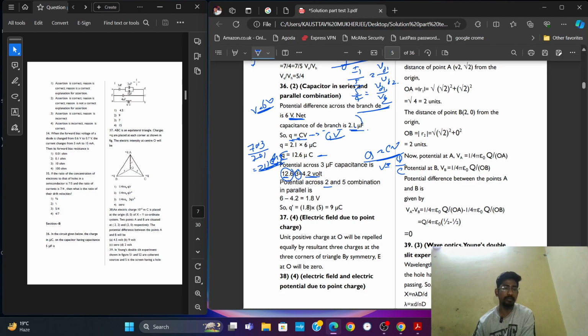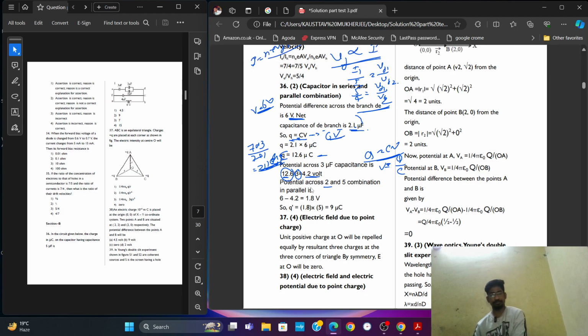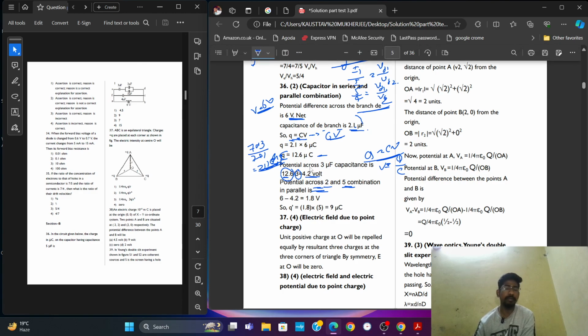In this connection, these two are in parallel, right? As the total potential is 6, the potential here will be equal to the remaining portion, that is 6 minus 4.2, which equals 1.8 volt, and the charge passing through it will be equal to C into V. C here is 5 microfarad, and the potential is 1.8. Therefore, you will get the value of charge as 9. Okay.